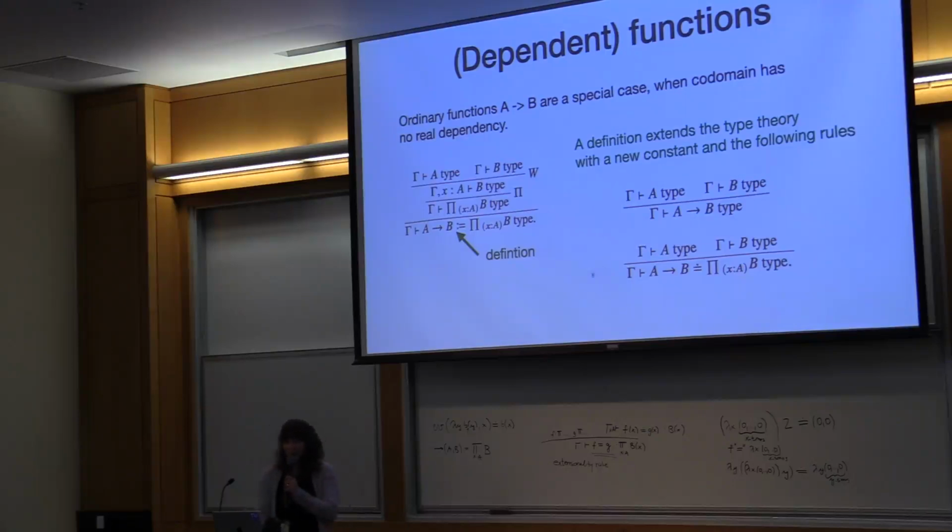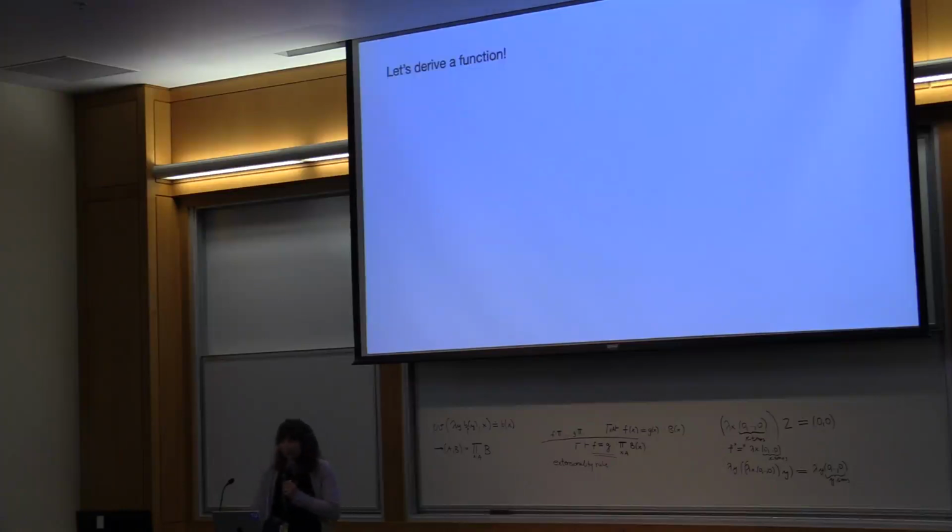One is how I introduce this constant. And the second one is what this is judgmentally equal to, okay? So I can allow myself this notation, but morally what I'm doing is just adding two new rules. And that's it, right? I'm introducing a new constant, and I'm giving it a judgmental equality to be the thing that the derivation is. Okay.